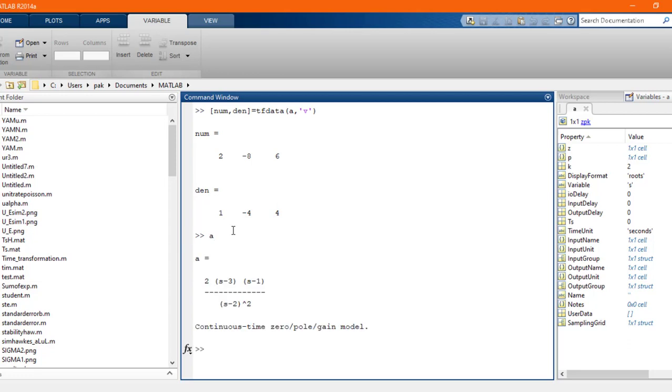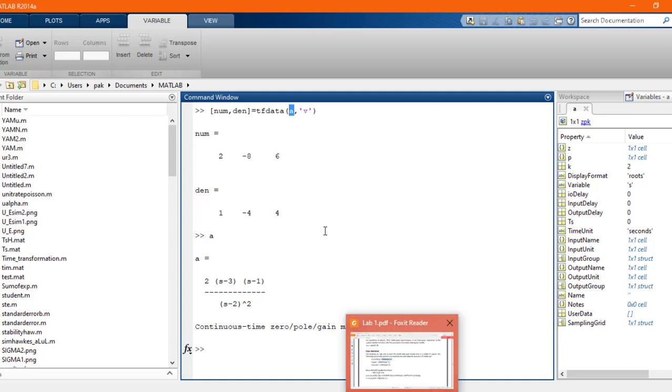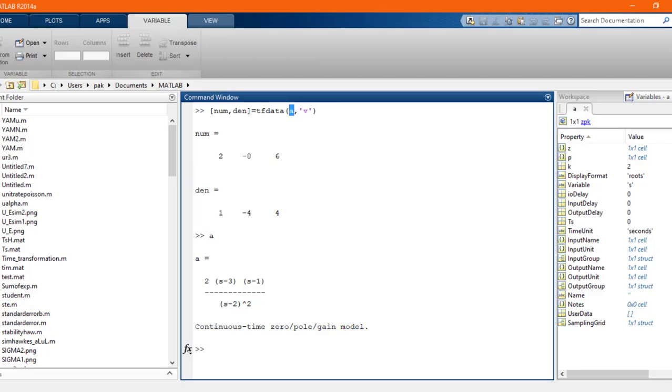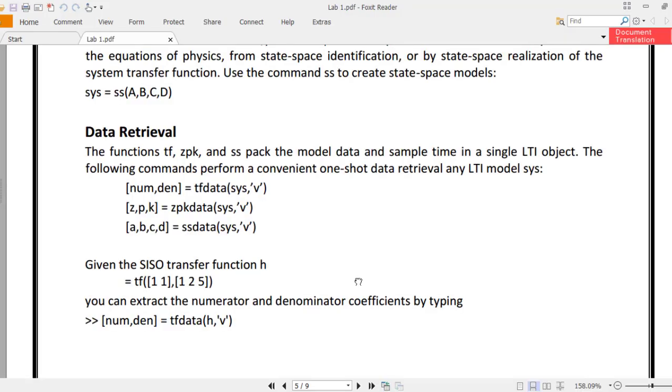So I'll just press A over here, and you can see that A was 2, s minus 3, s minus 1, over s minus 2 squared. So we have the numerator and denominator over here, which have been extracted from the TF data A. So that's just a command to extract data in the form of ZPK, numerator, denominator, or the state space from any system.